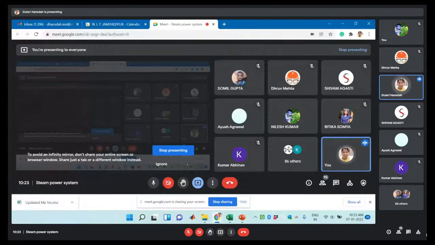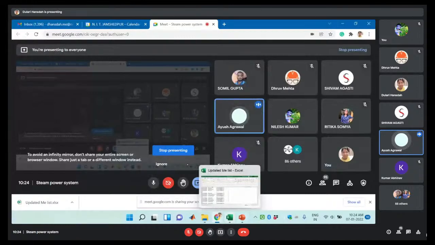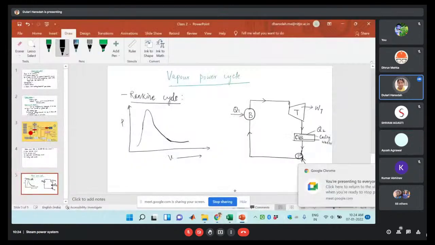So the PV diagram is also known as your property diagram, right? Remember, this is the property relation. Pressure is a property, specific volume is a property, H is a property, S is a property, T is a property. Ma'am, all the diagrams will be property diagrams only. Yes, all the diagrams are property diagrams.